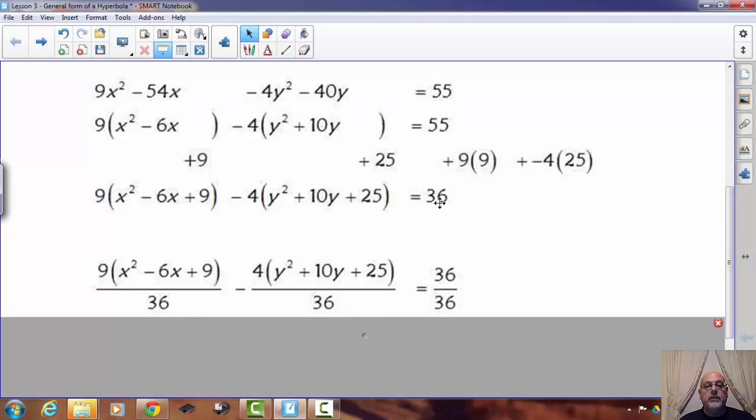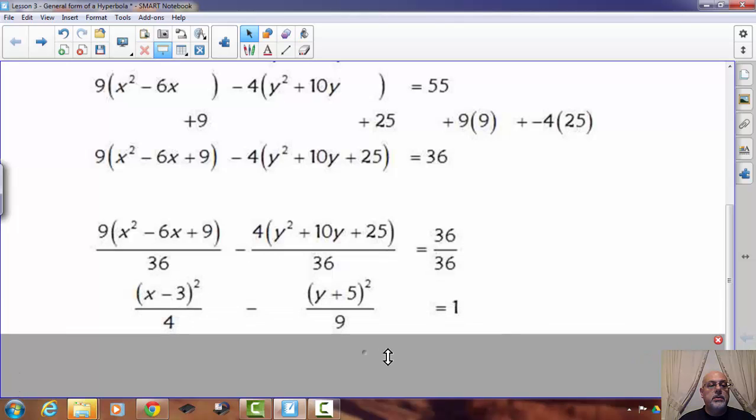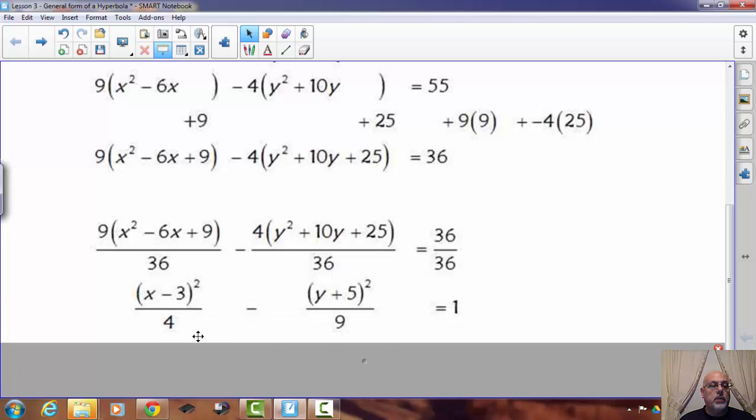At this point, you can divide everything by 36 because the equation must be equal to 1. And then when you reduce the fraction, 9 over 36 is 1 over 4, then you can put in the binomial squares.